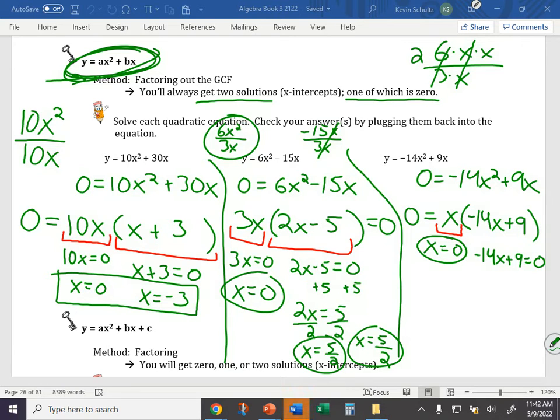And just like in the last example, we can solve this equation using opposite operations for x. And that's going to tell us what value for x makes it equal to 0. So we'll start by subtracting 9 from both sides. So we get negative 14x equals negative 9. Divide both sides by negative 14. We get x by itself. And how does the fraction negative 9 over negative 14 simplify?